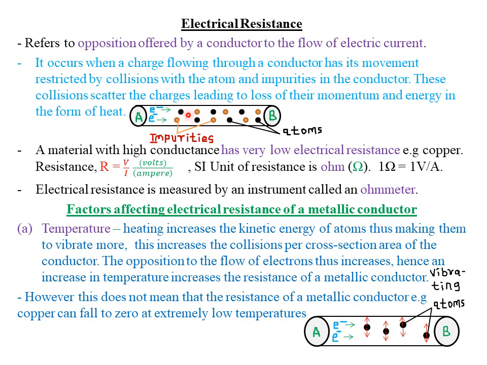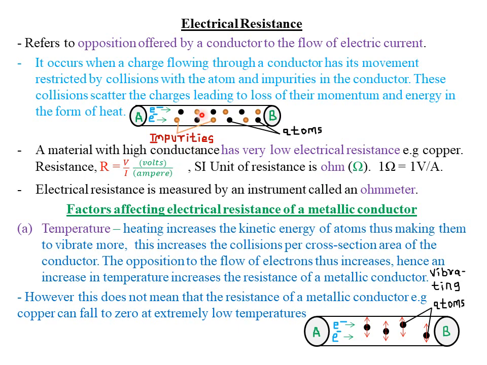Remember, the impurities and atoms usually block the path through which these electrons have to flow as they carry the charge. So if an electron tries to move from point A up to point B, when it gets here, it meets opposition from this particular atom. The atom prevents that electron from flowing from point A up to point B. Also, these electrons meet opposition because they collide with the impurities within that conductor.